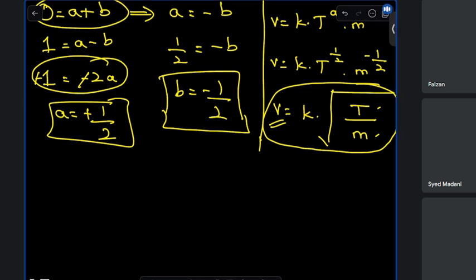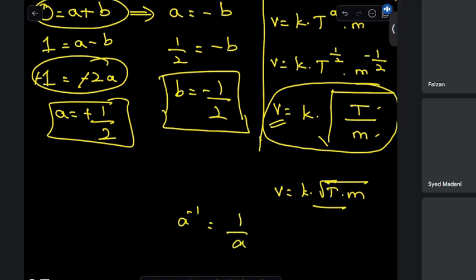If it was 1 by 2, you can write it as V into root T by root M. Why root by M? Because minus was there, no? If the minus was there, you'll have to go to the denominator. Got that? A to the power minus 1 is what? 1 by A, no?